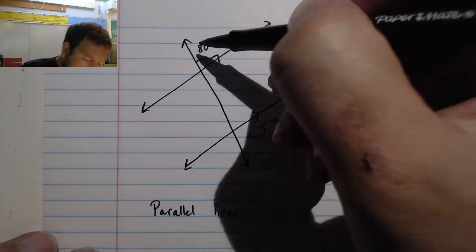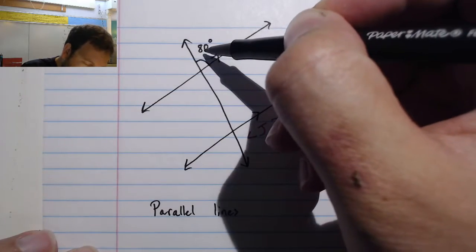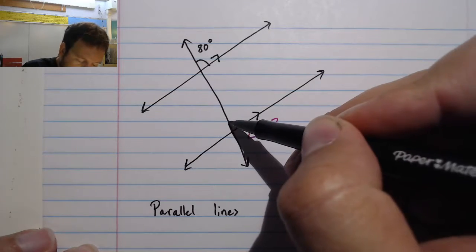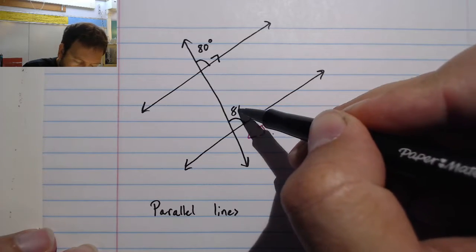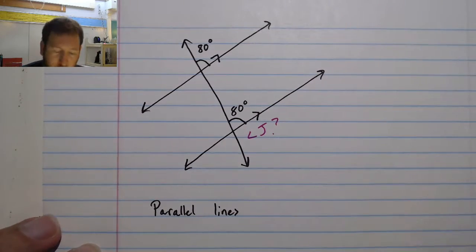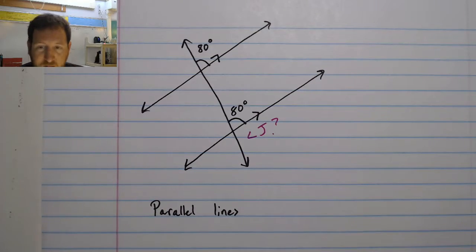So I can say that if this angle is 80 degrees, and these two lines are parallel, I can say this angle is also 80 degrees, because these two sets are congruent when they look like this.